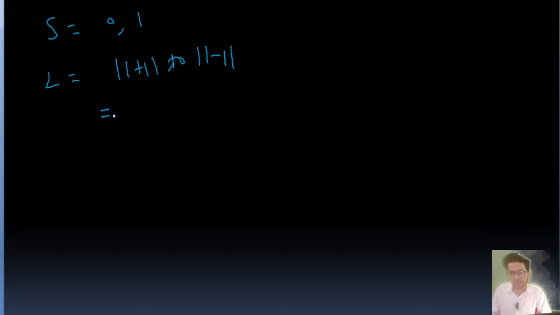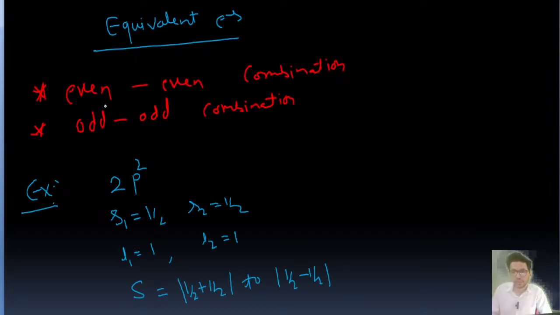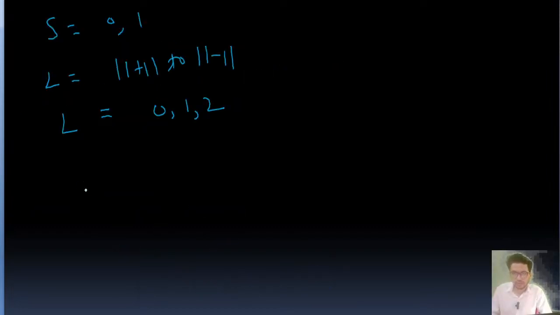So values are going to be 0, 1, 2. These are L values, right? Now we'll use this rule for equivalent electrons, even with even, odd with odd. Okay, so for S equal to 0, S is 0, which is even, right?